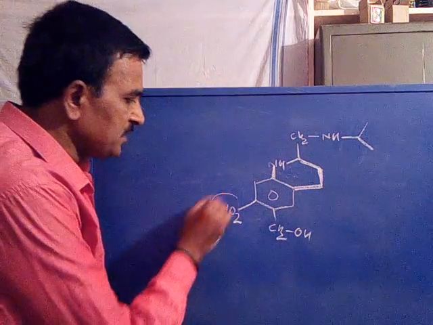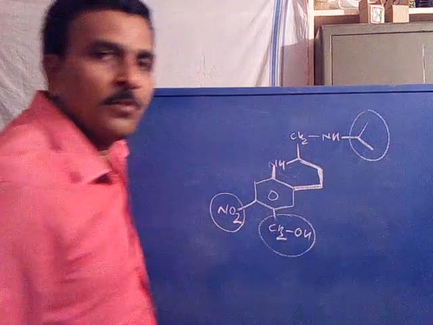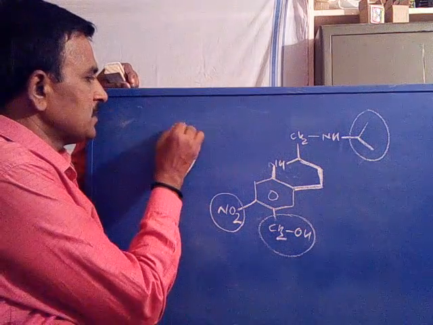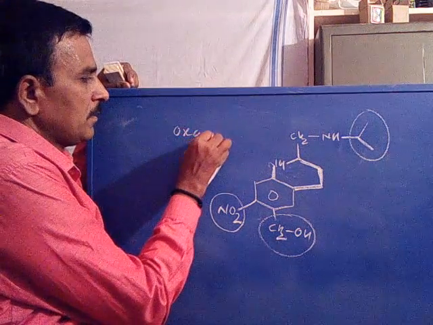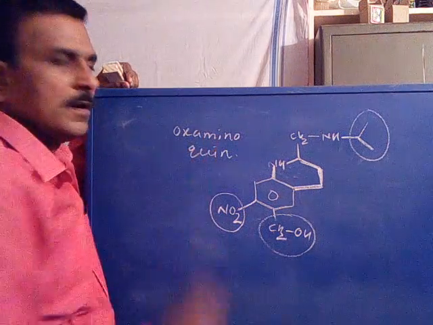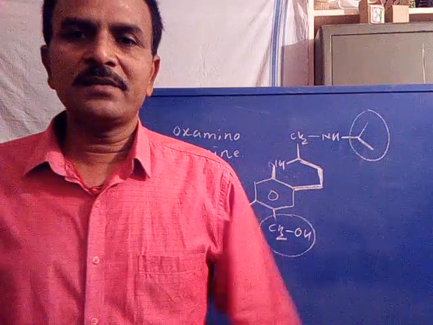So these are the 3 changes: NO2, CH2OH, and isopropyl. Due to the 3 changes, we will get oxamniquine, the drug. So this is about the discovery of oxamniquine.